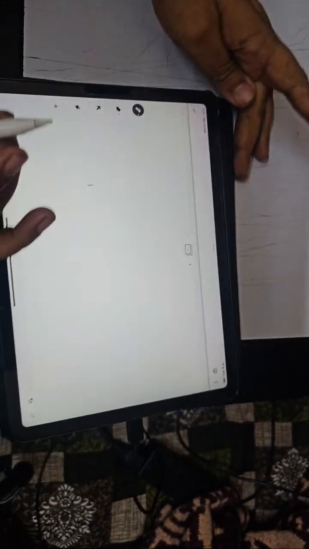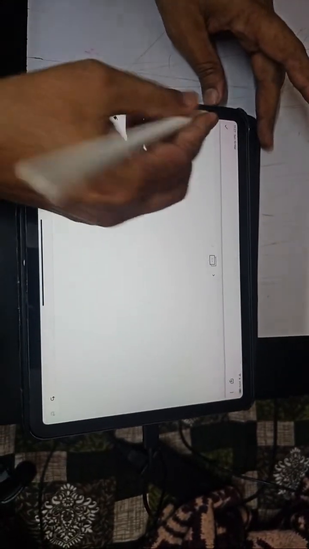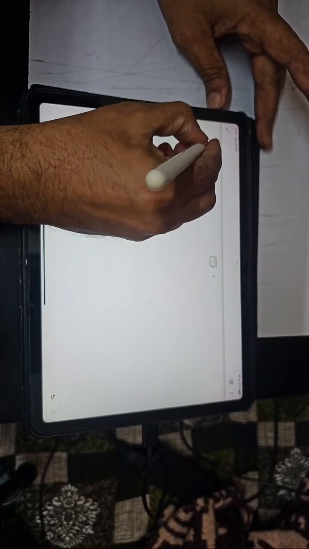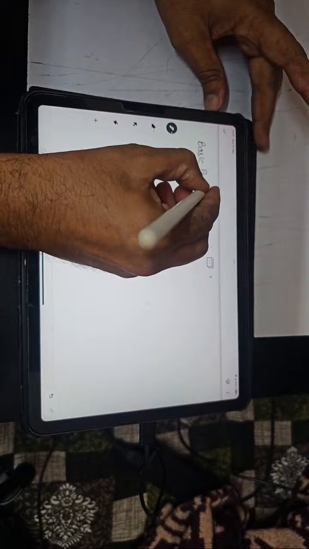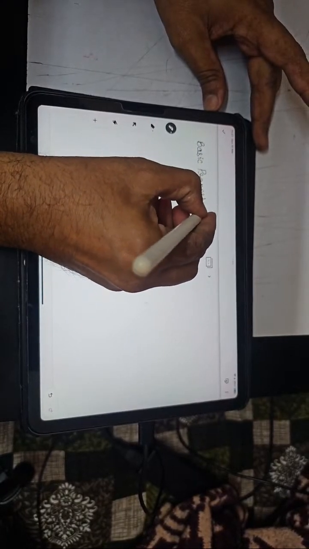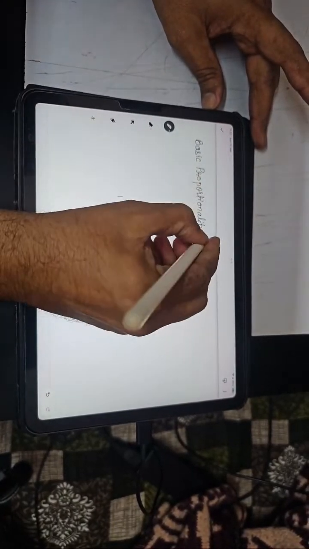Now let us start. See, the first topic, which is the most important. The first point is the basic proportionality theorem.